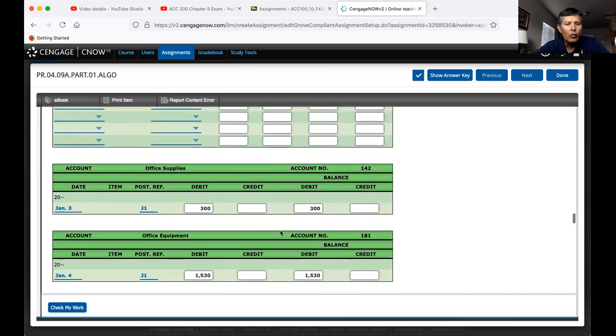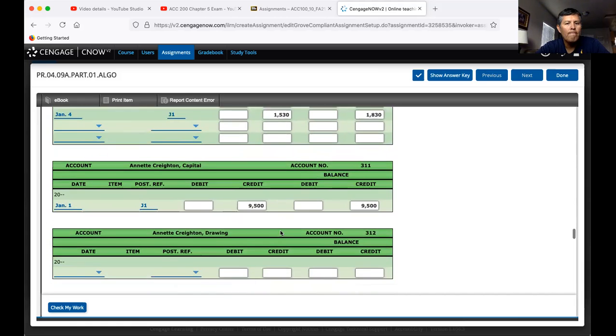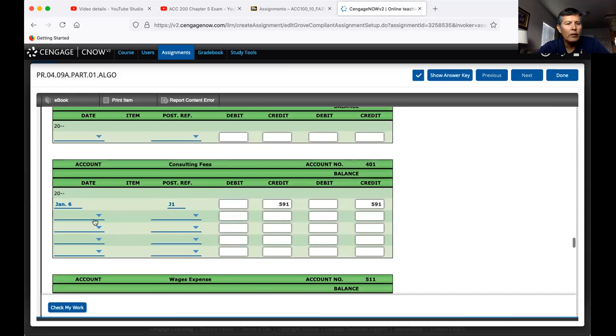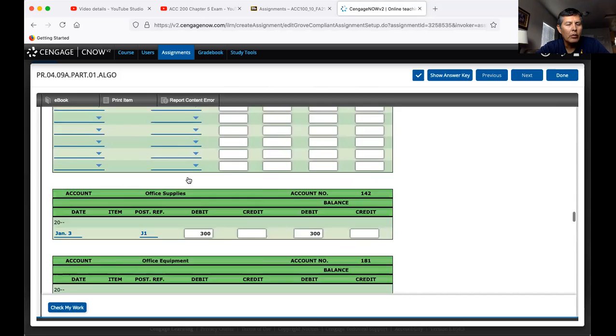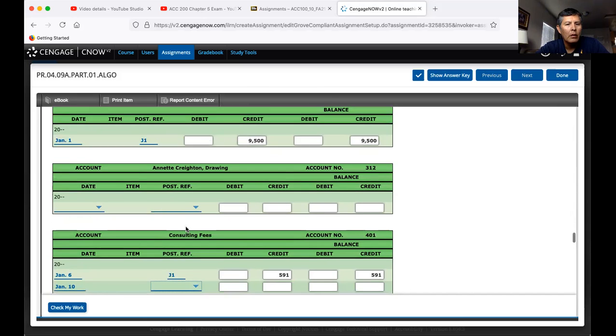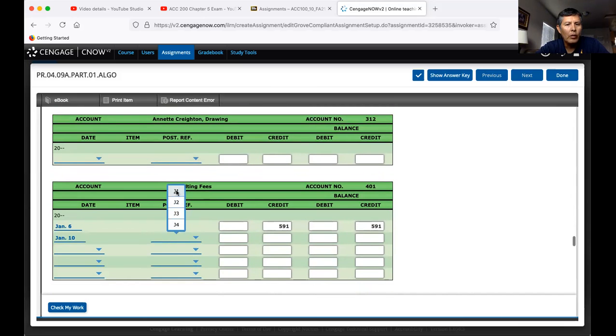Okay, now we got to go to service fees or consulting fees. So then come over here. That was January 10th. Was it January 10th? Double check. We have January 10th. Okay, that is still our last J1. And that was 370.